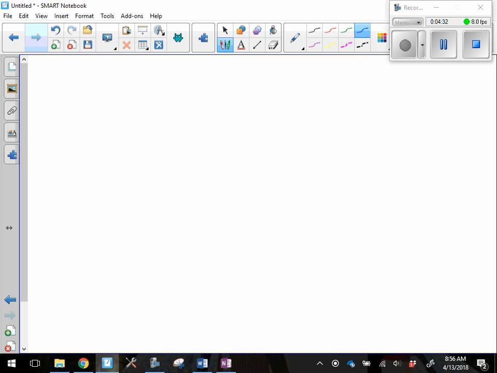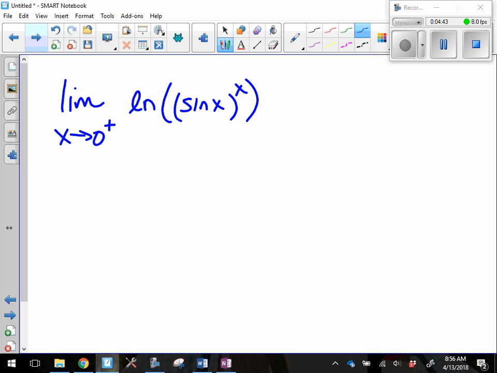So I'm actually going to do a different limit. That's the limit still as x goes to 0 from the positive side, but now, like I said, I'm going to take the natural log of sine x to the x. And how does that help me? How does that get me to the point where I've got something over something so I can apply L'Hopital's rule?